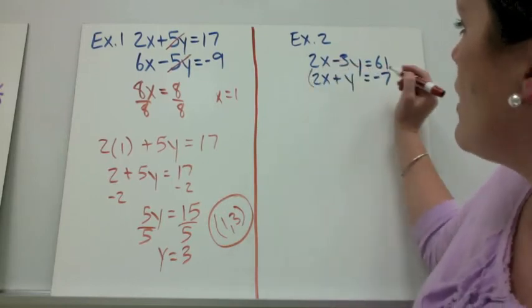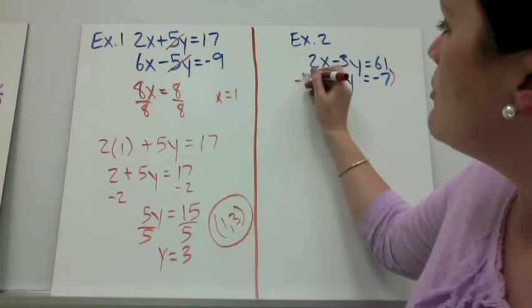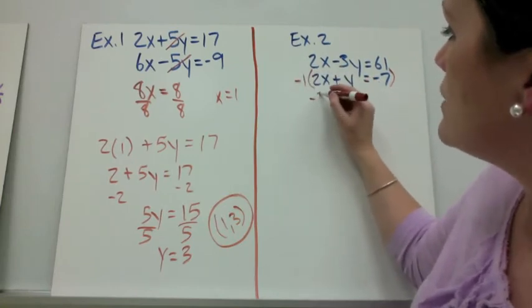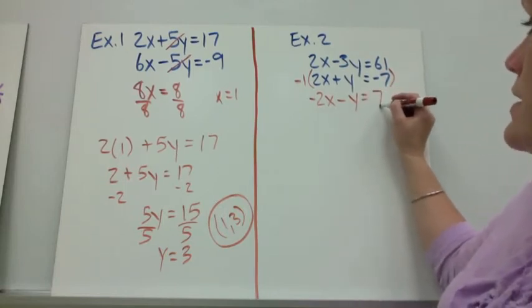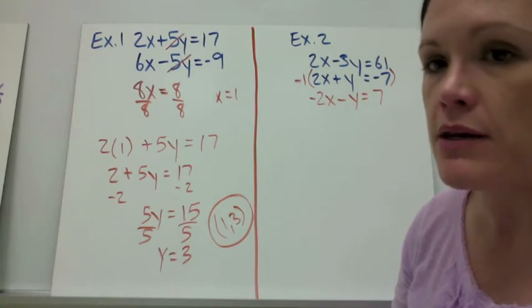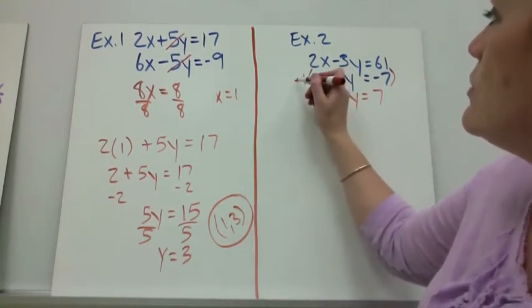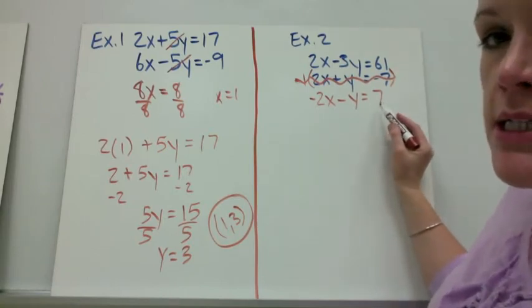I'm going to choose the bottom one because I have space underneath it. If I multiply everything times negative 1, I end up with negative 2x minus y equals 7. Everything in the whole equation had to be multiplied by negative 1. Then I would mark out the old equation because now you have a new equation in its place.